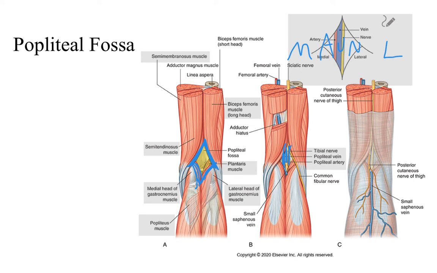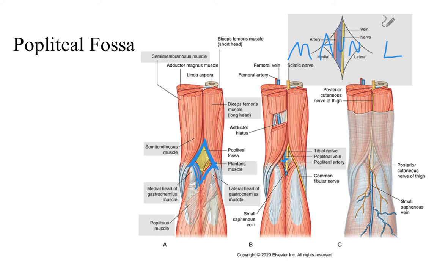Either way, remember the order. So the vein's always in the middle. Nerve is always lateral. All right. And within that popliteal region, since you have your popliteal artery, this is going to be another place where you're going to be able to feel a pulse along that popliteal artery.